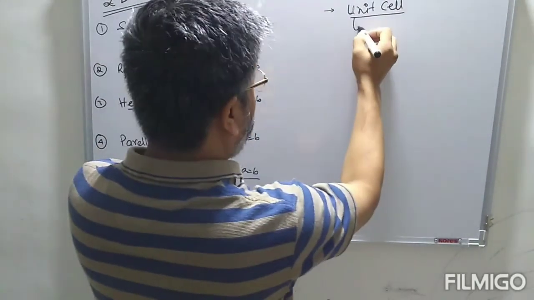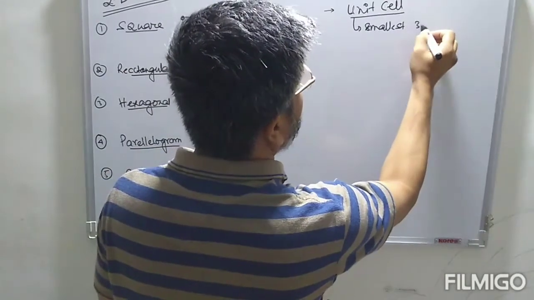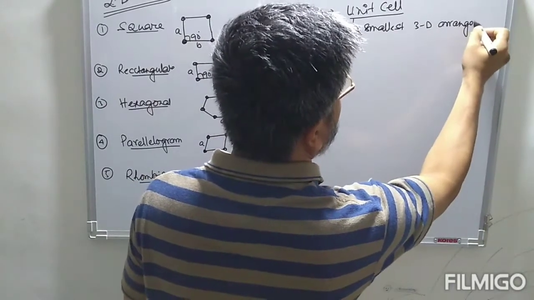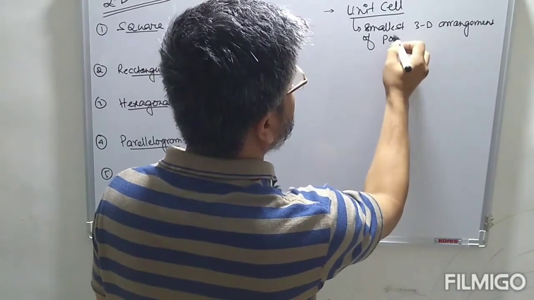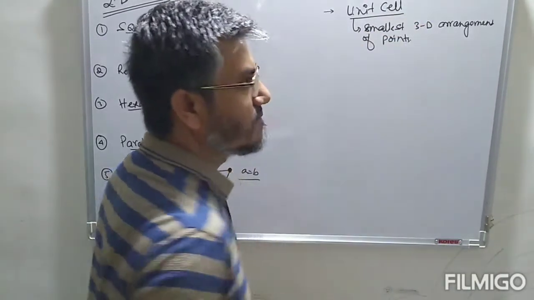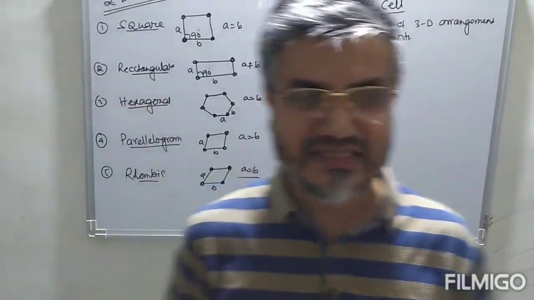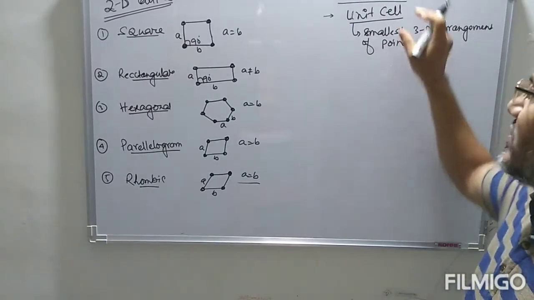So the smallest or the basic structural arrangement of points in three dimensions is known as unit cell.